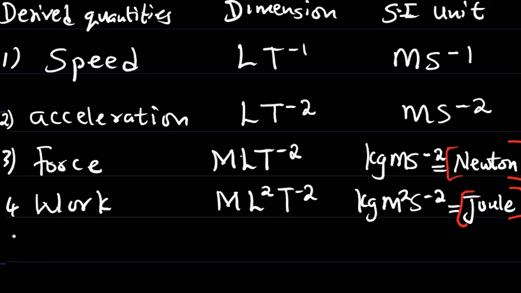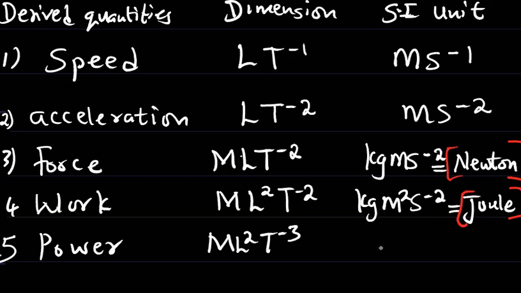Number 5, we have power. Power is work divided by time. So the dimension is ML squared, then of course T raised to the power of minus 3. So the derived unit is kilogram meter square per seconds cube.